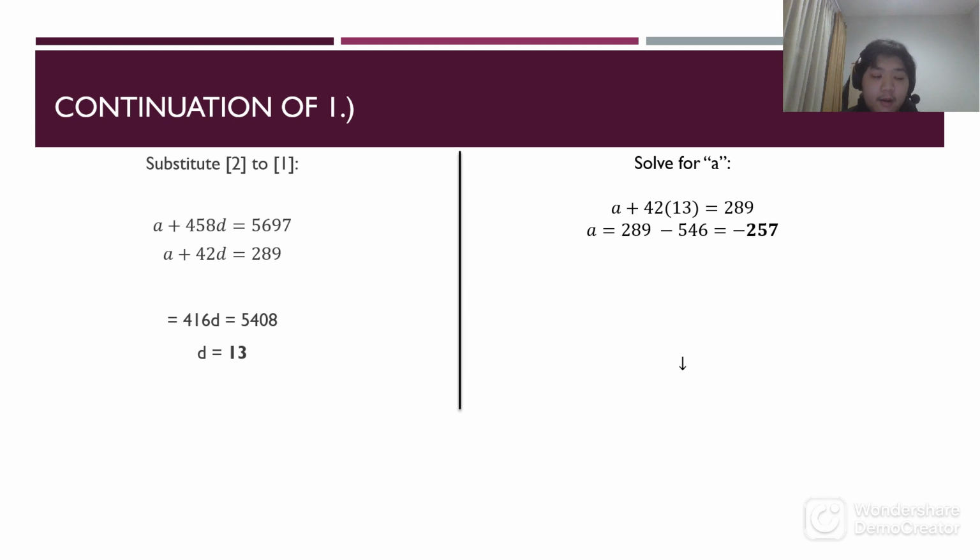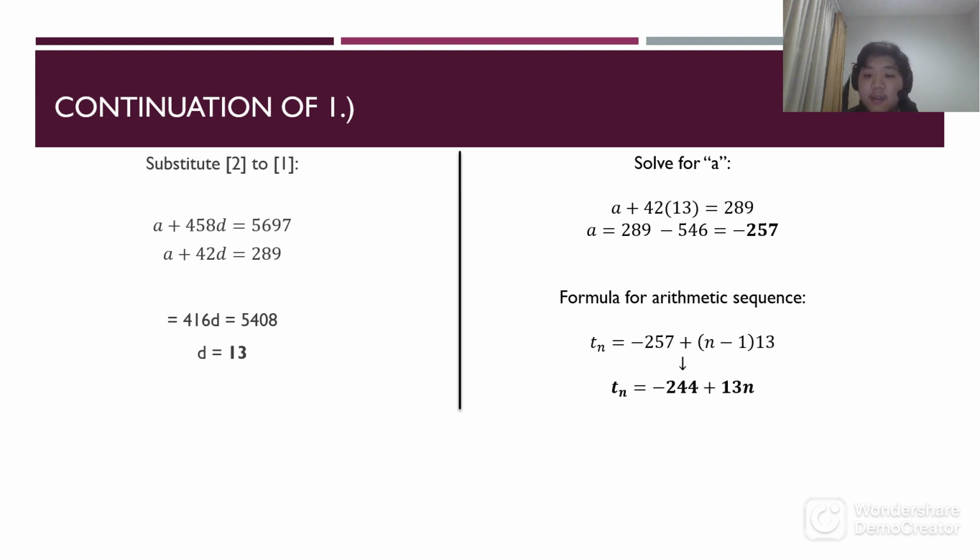Now we know all the variables, and we can put together the general formula for the arithmetic sequence. Tn equals negative 257 plus n minus 1 times 13. So the formula Tn can be written as negative 244 plus 13n.